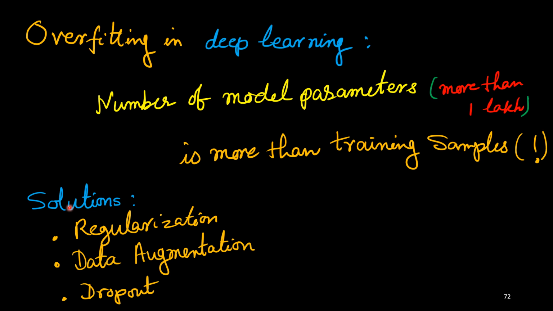So only very few parameters will be tuned with the smaller number of samples, and thus the number of effective parameters is less, so it won't go for overfitting. These are the considerations we'll be discussing in detail in deep learning. So this is all about ridge regression.